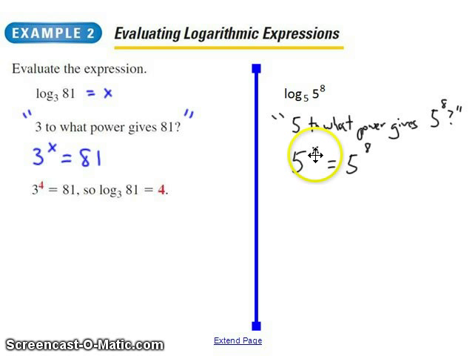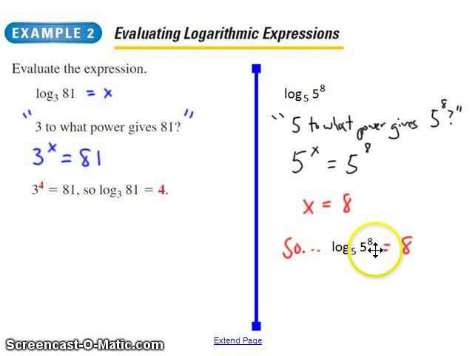Once you see this parallel here, it probably jumps out at you. Oh, x has to be 8 then. That is the same as that because the bases are the same. And like on the left, that means the log base 5 of 5 to the 8th equals 8.